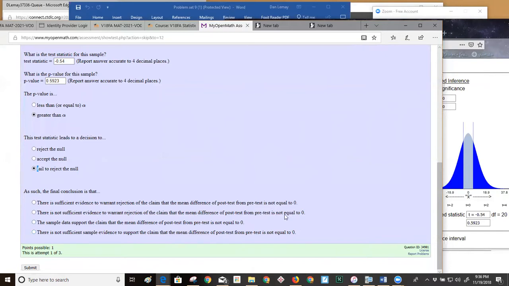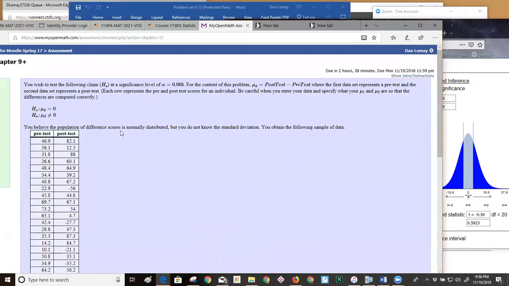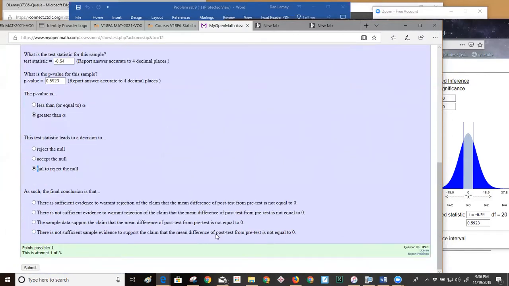The way they worded this, that would be our HA. That's what HA is. So we want to go with H0, we can't. There's not sufficient evidence to support the claim that the mean difference is not equal to 0. Right? There are some double negatives there.